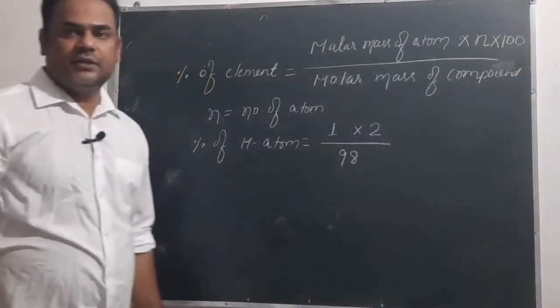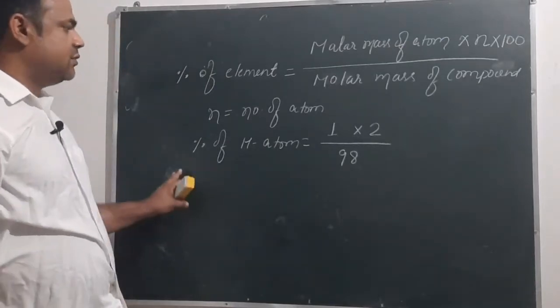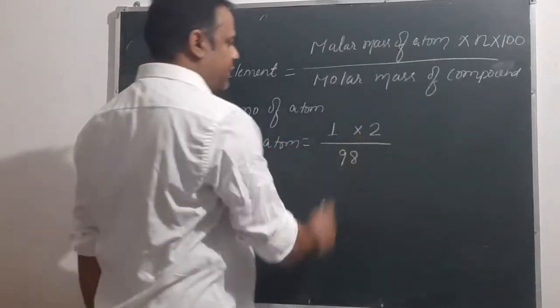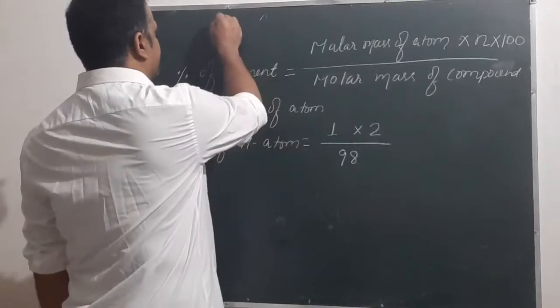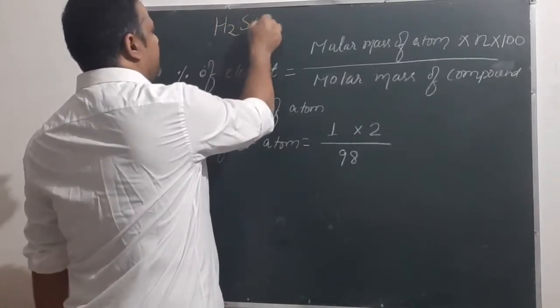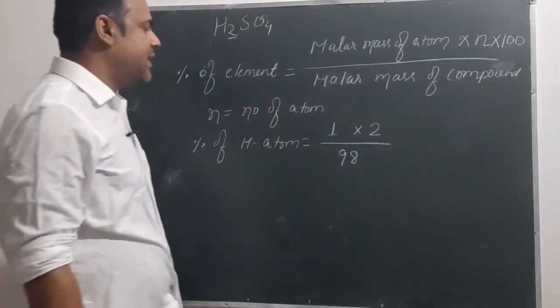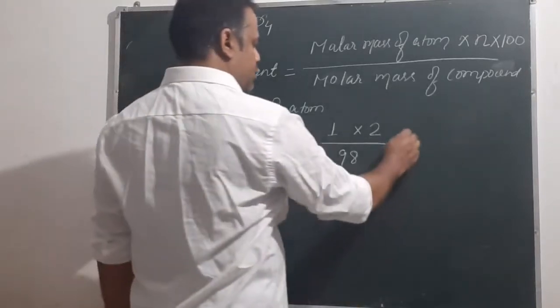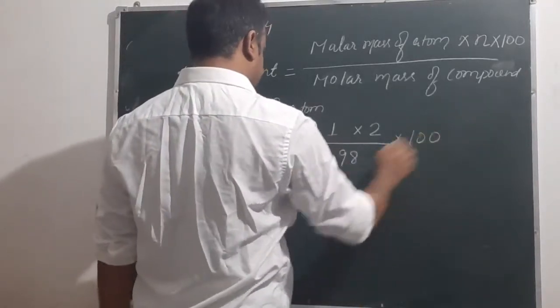To find a percentage, we need to multiply by 100. So we'll have 1 into 2, where 2 is the number of atoms in H2SO4. So we will multiply by 2 into 100.